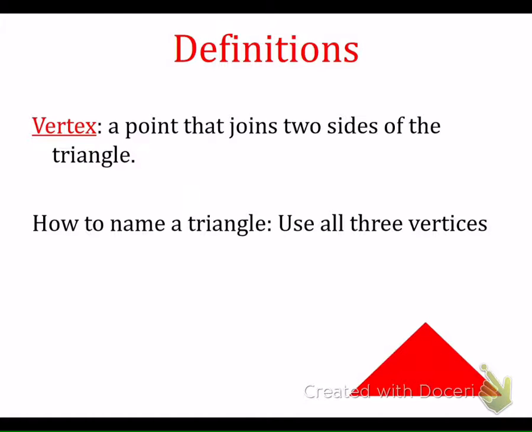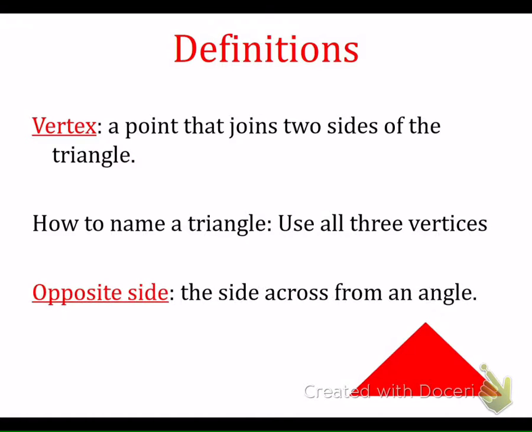So we're going to use all three vertices when we are labeling or naming a triangle. Okay, and then the last thing, the side opposite the angle typically has the same name as that angle. I'll show you that in just a second.